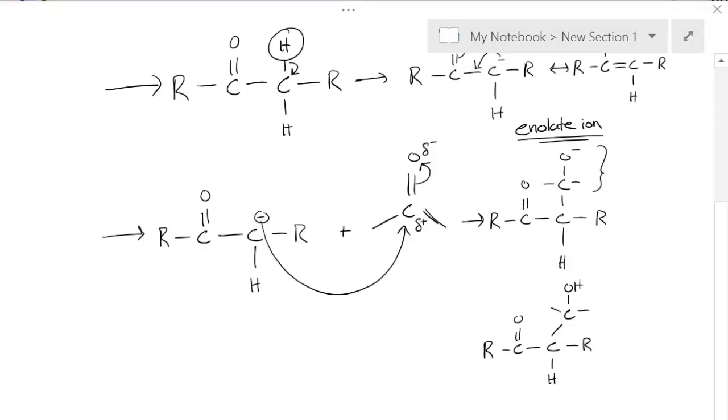This type of reaction is known as the addition of an enolate to a ketone, or it can be done with an aldehyde as well. And this is a type of alpha condensation reaction. So in alpha condensation reactions, we are using the alpha carbon in the enolate ion form to attack other carbonyl compounds.